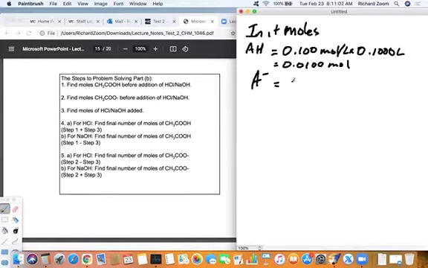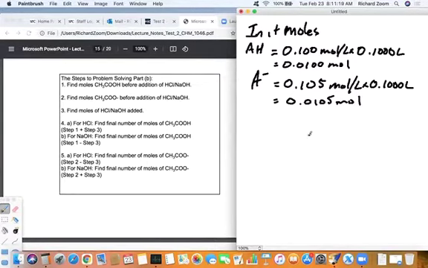Okay, so for A minus, we've got 0.105 moles per litre times, again, 0.1000 litres. That would be 0.0105 moles for A minus. Anybody got any questions? So this is initial.